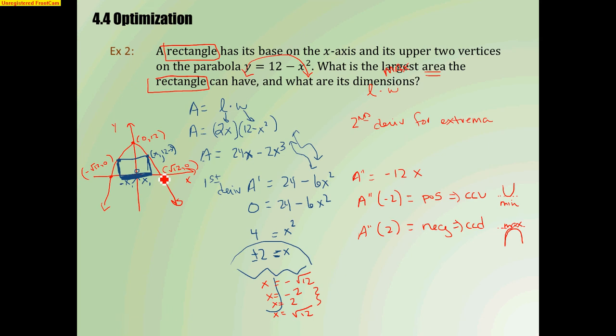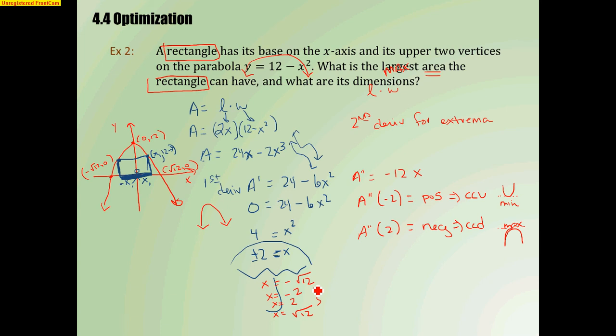So my endpoints, I think you can figure that you're not going to have a maximum at the endpoints. If you make a rectangle at the endpoints, these are minimums, because the first derivative is a parabola that opens down. So there's my first derivative, which looks like that.